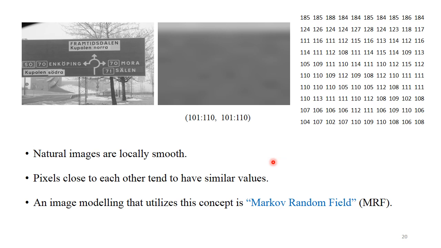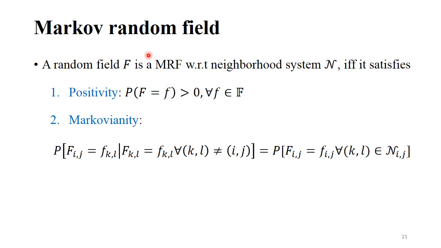We require some prior knowledge to convert that ill-posed to a well-posed problem, and that is available in the image itself. That is the local smoothness concept, and that local smoothness is the prior knowledge we are going to consider, right? Now coming to the Markov random field concept.